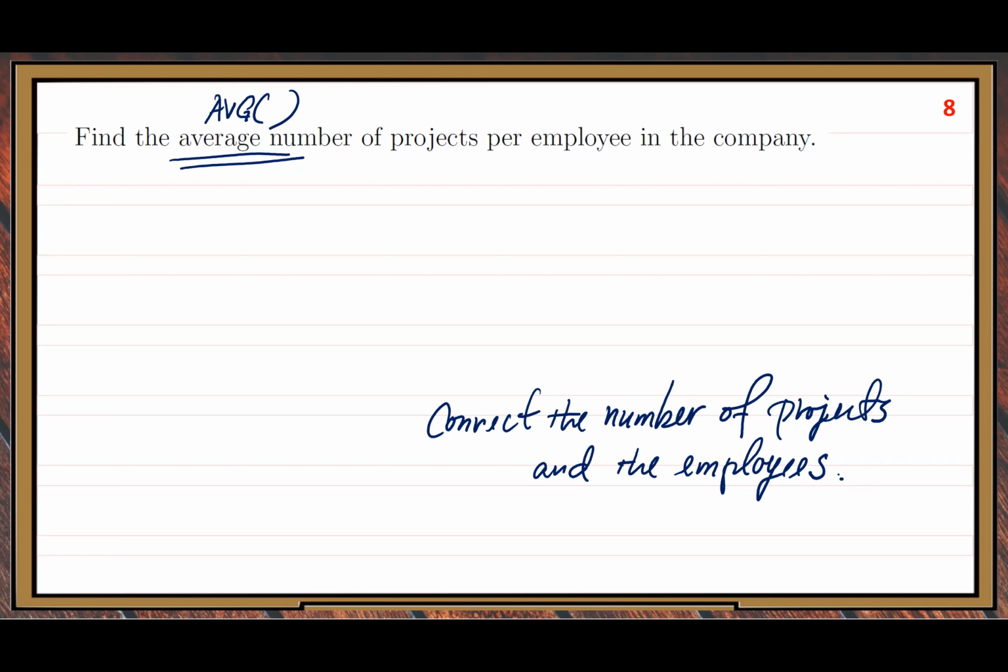then you need to do things a little differently. The number of projects connected to employees that works on, right? Works on. Actually, we can use 1 table to get that information.